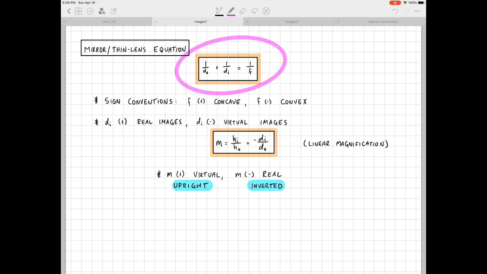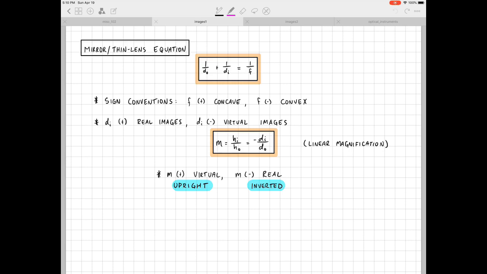The thin lens equation allows you to relate the object distance, the image distance, and the focal length of your lens or mirror. When you're asked to solve for an image location or a focal length, typically this is the expression you're going to use. Ray tracing can be used to inform these types of problems, but almost always it's the thin lens equation that's going to provide you the most concrete answer to this type of question.